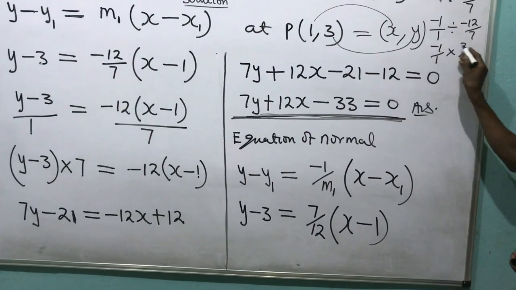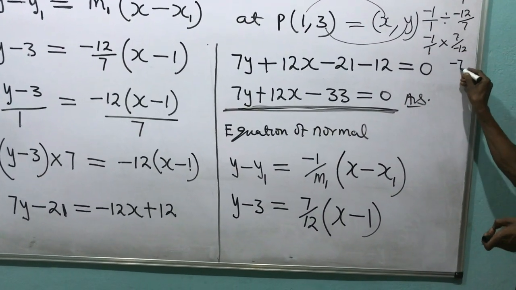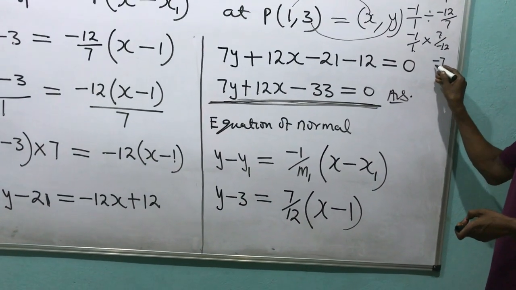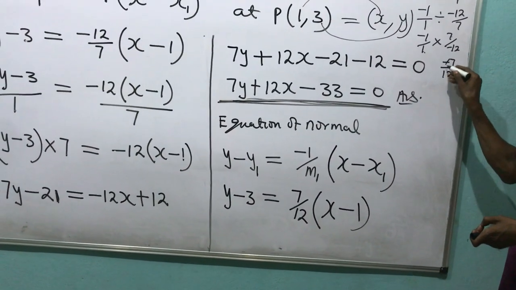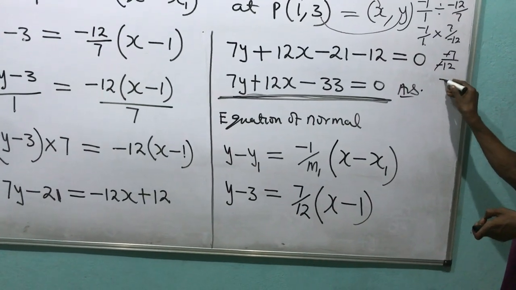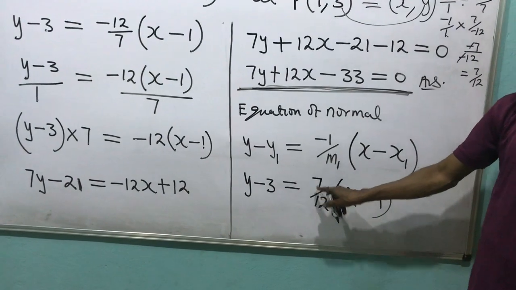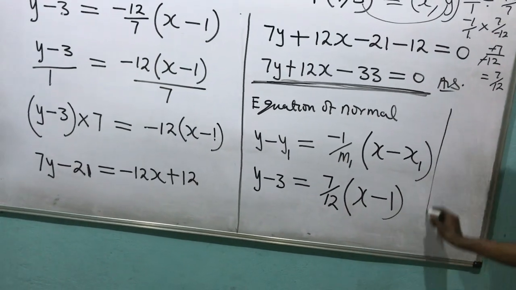Minus 1 times 7 will give me minus 7. Minus 1 times minus 12 will give me minus 12. Minus cancels minus, and I'm going to have 7 over 12. And that's how I get 7 over 12.